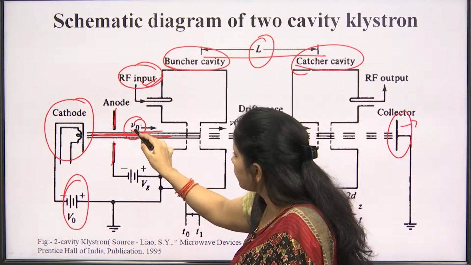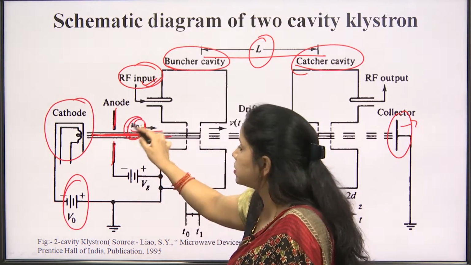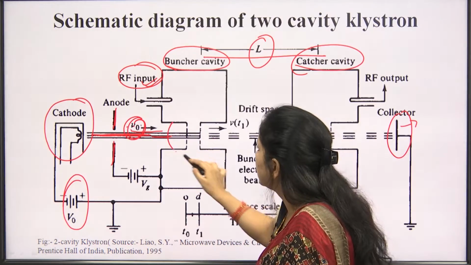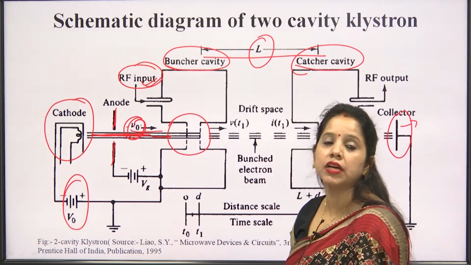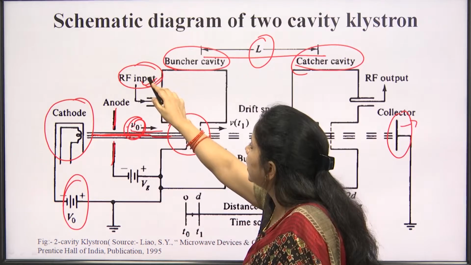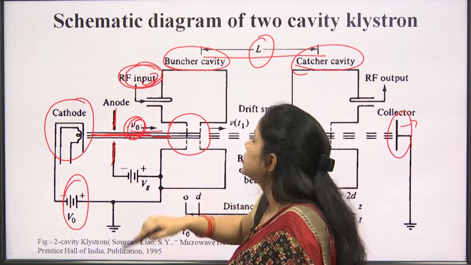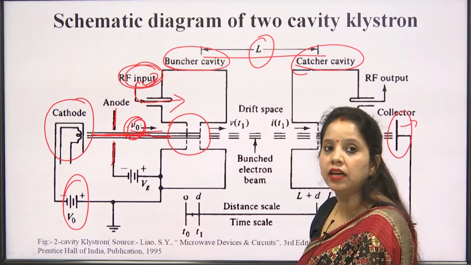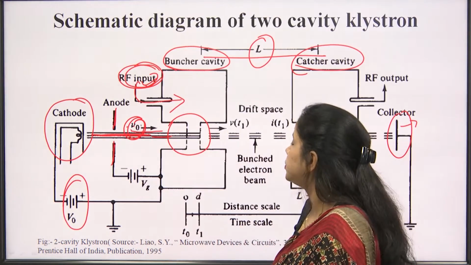The electron moves from here with an initial velocity of V naught, and in between it comes across the buncher cavity. In the buncher cavity it interacts with the RF input signal, which is inserted inside the two-cavity klystron with the help of the buncher cavity.